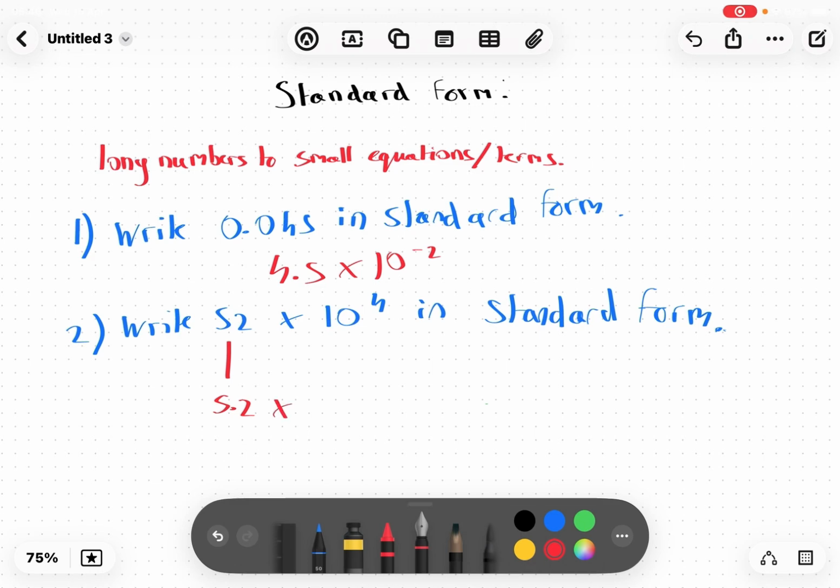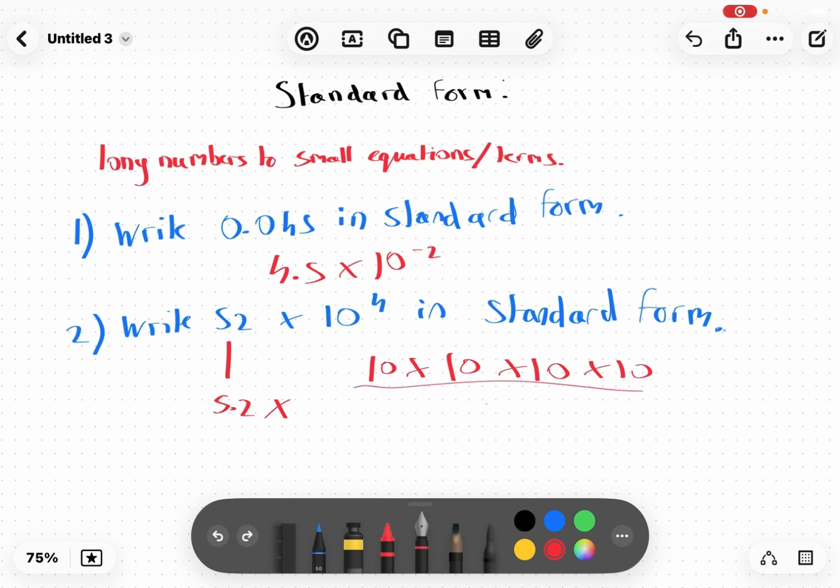And then, because we made it smaller by 10, like dividing this by 10 would give us this, we have to add a 10 to make this equal. You know how the powers are like 10 times 10 times 10 times 10. So this is equal to this because there's a 4.